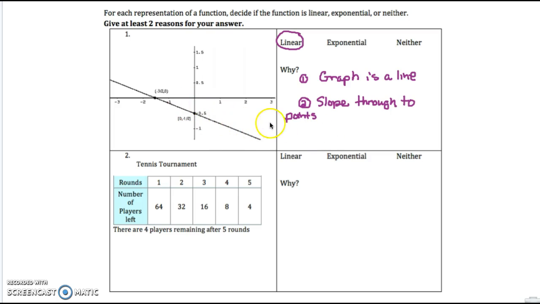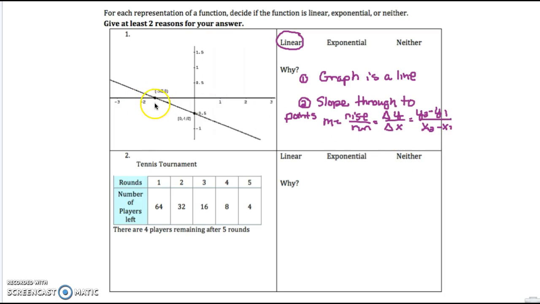This slope is actually a negative slope because our slope is equal to our rise over our run, or our change in y over our change in x. And sometimes we even write y2 minus y1 over x2 minus x1.